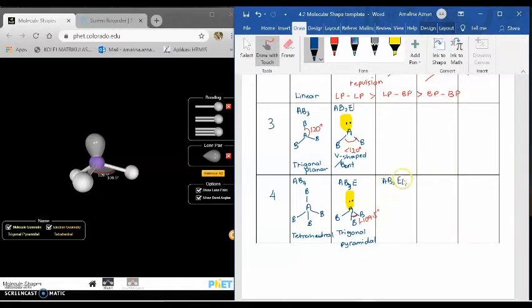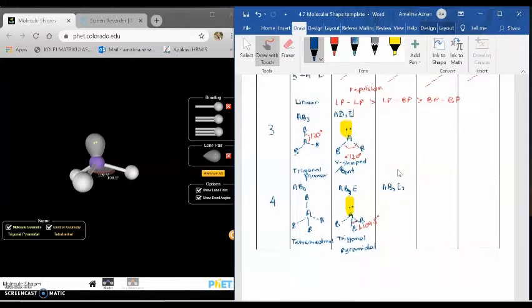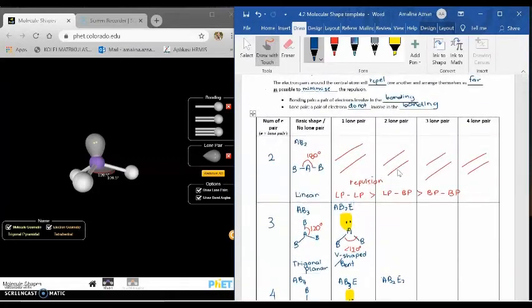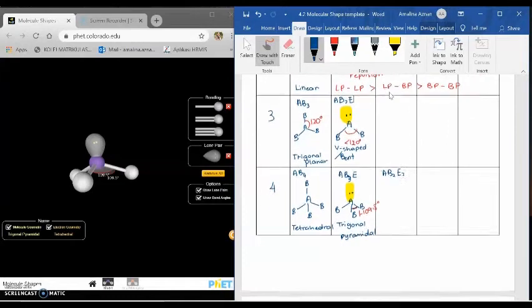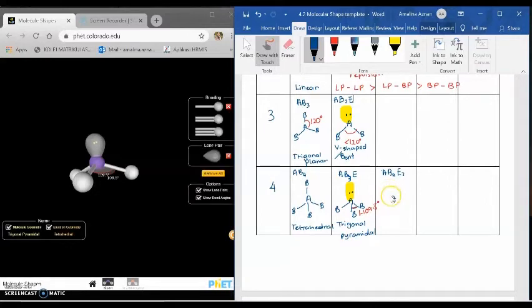Right. So next, let's have a look at the next case, which is AB2E2. In this case, how many lone pairs do we have? 2 lone pairs. If you have 2 lone pairs, A is the central atom, with 1 lone pair here and another lone pair on one more side, and then your bonding pairs will arrange themselves as far apart as possible.